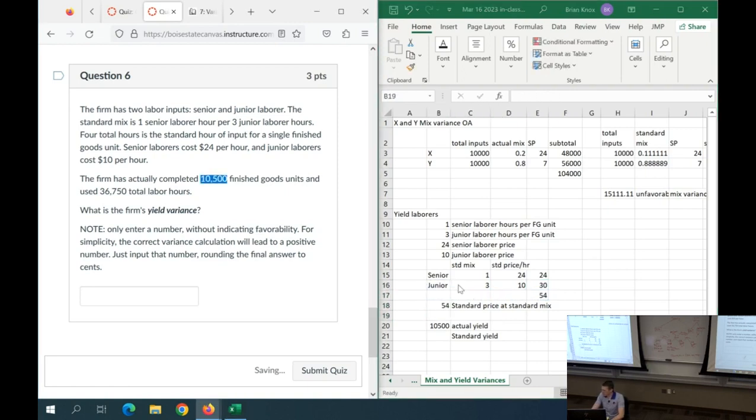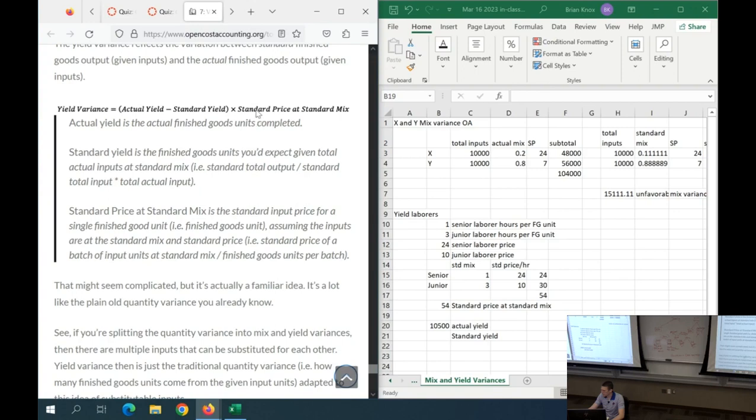So go back to the equation. That's the standard price at the standard mix. What I ultimately did was standard price of a batch of input units at standard mix, so that's this right here, divided by finished goods units per batch.